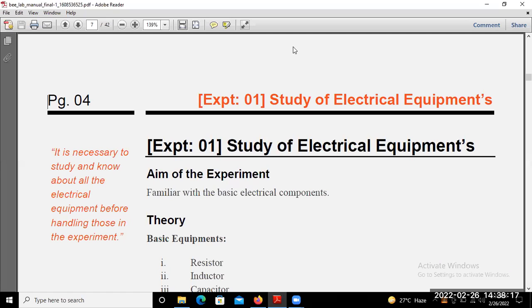Any other types? In load, maybe classified any particular load, electrical load.